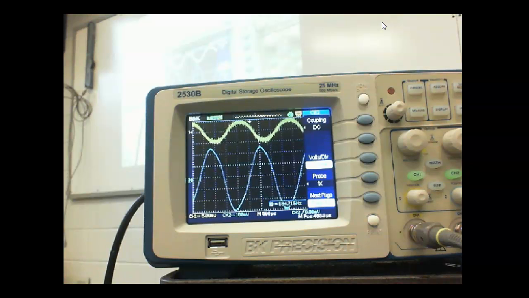The gain? 560 divided by 10, right? Okay, but what I'm saying is calculations are perfect, but our circuits are not.